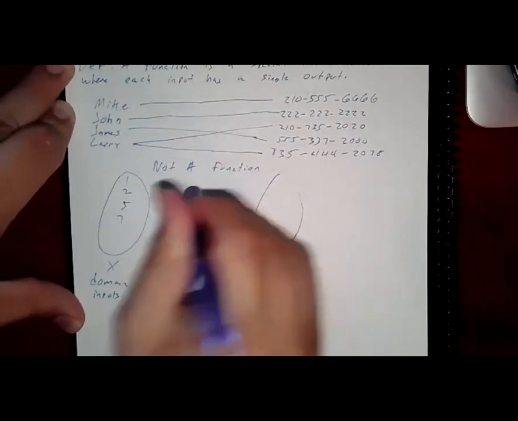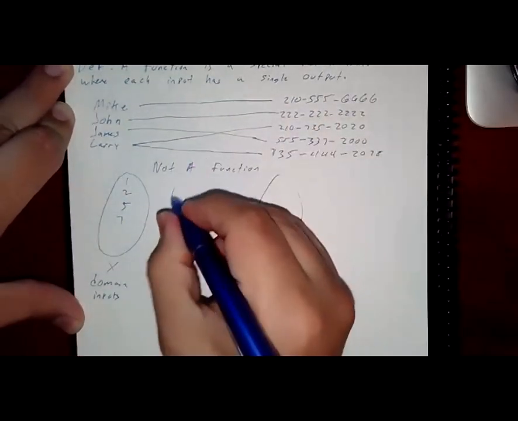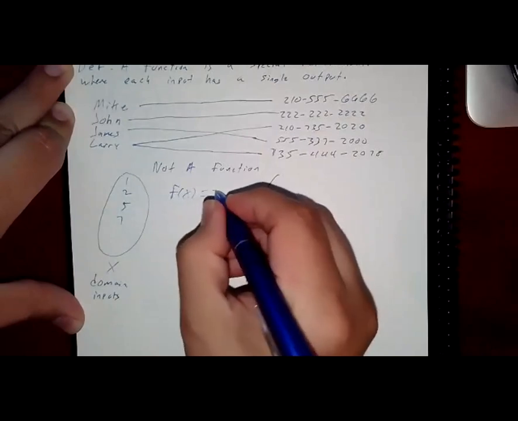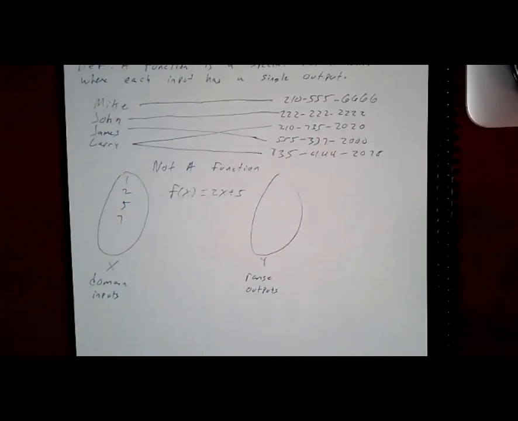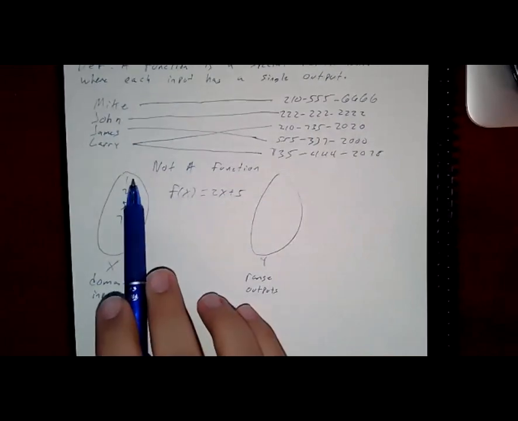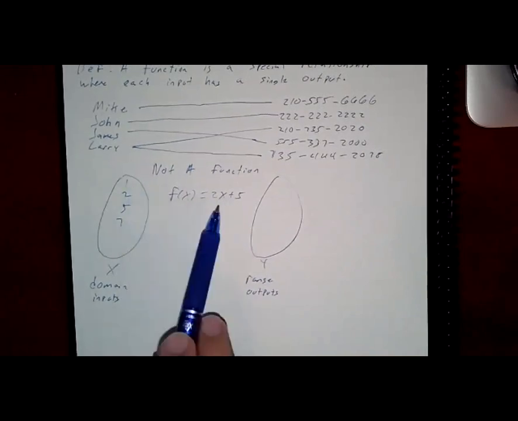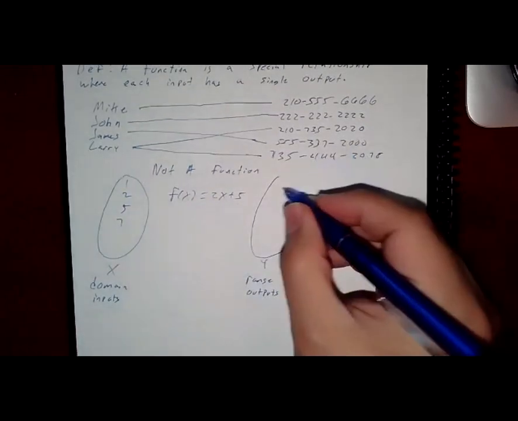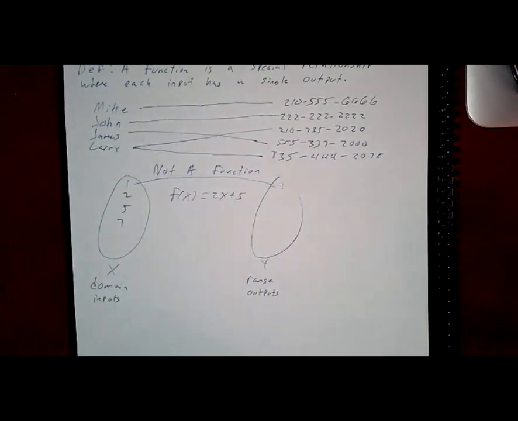So if the function, let's say it does something specific. Let's say this function doubles your number and adds 5. So if I plug in 1, it would double it and then add 5. So 1 times 2 is 2, plus 5 should be mapped to 7. Does that make sense?